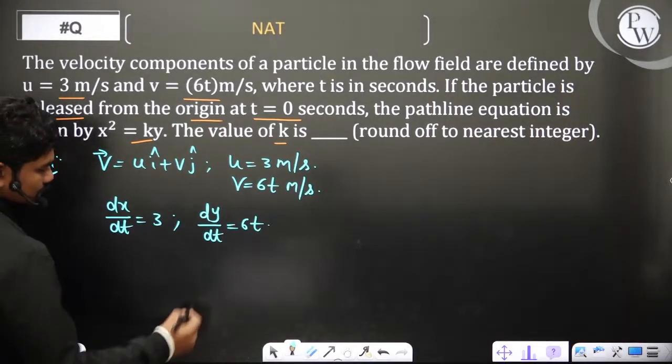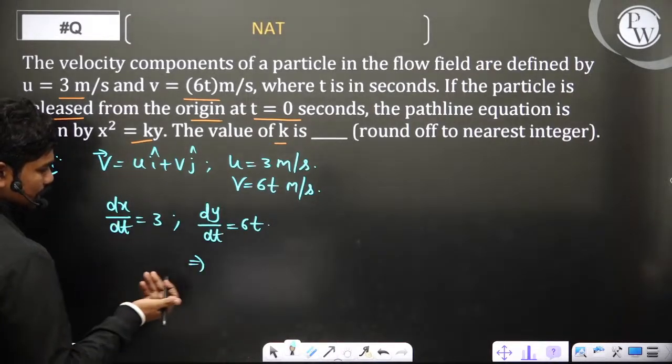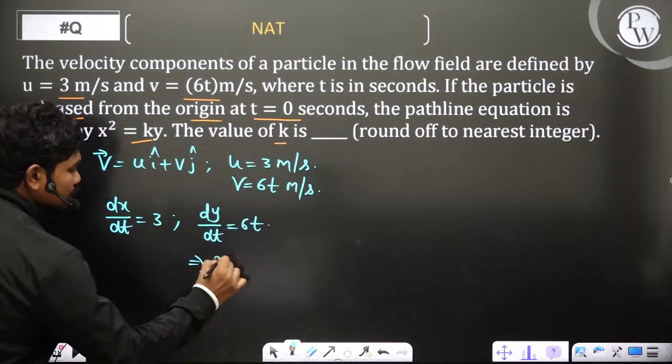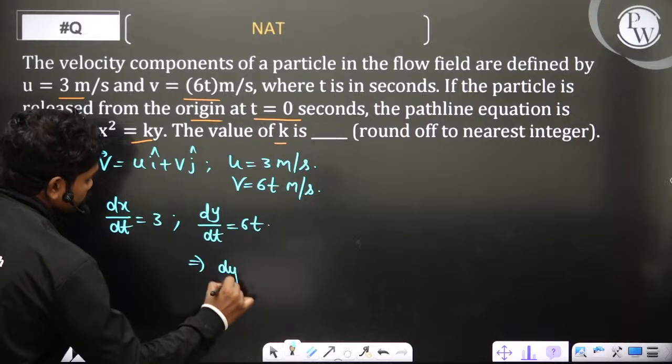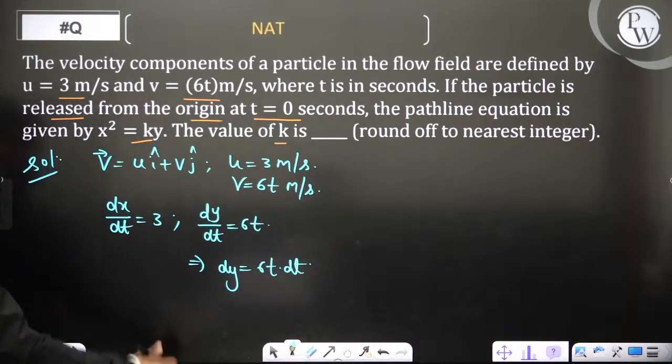Now try to understand this thing. First of all, let us solve this equation because it looks simple, or else you can solve this also, anything is fine. Here you can see there is unsteadiness in the flow, so dy is equal to 6t dt. Now you can integrate this.